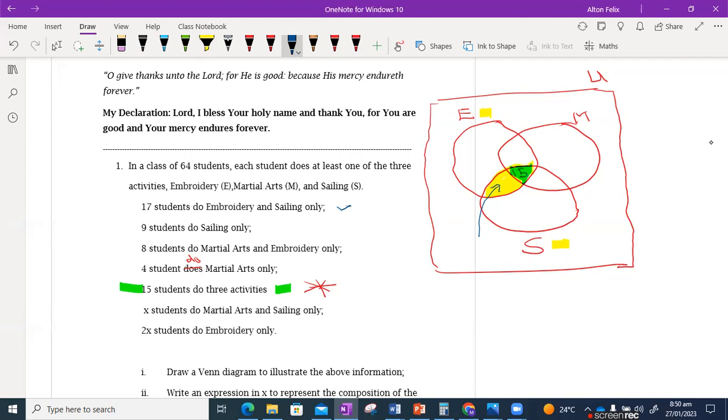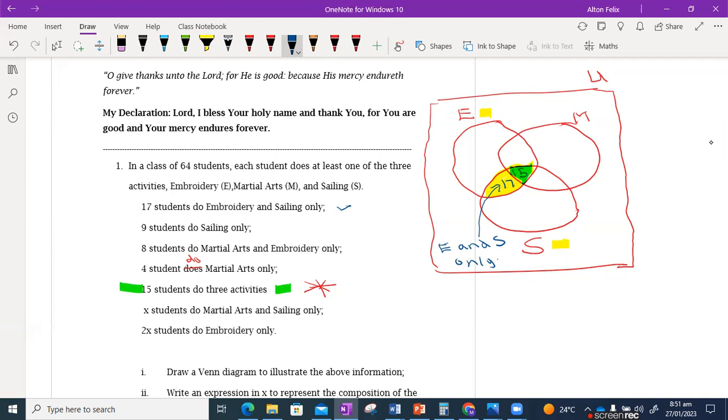Embroidery and sailing only. So you will put the 17 right here, because 17 students do embroidery and sailing only.